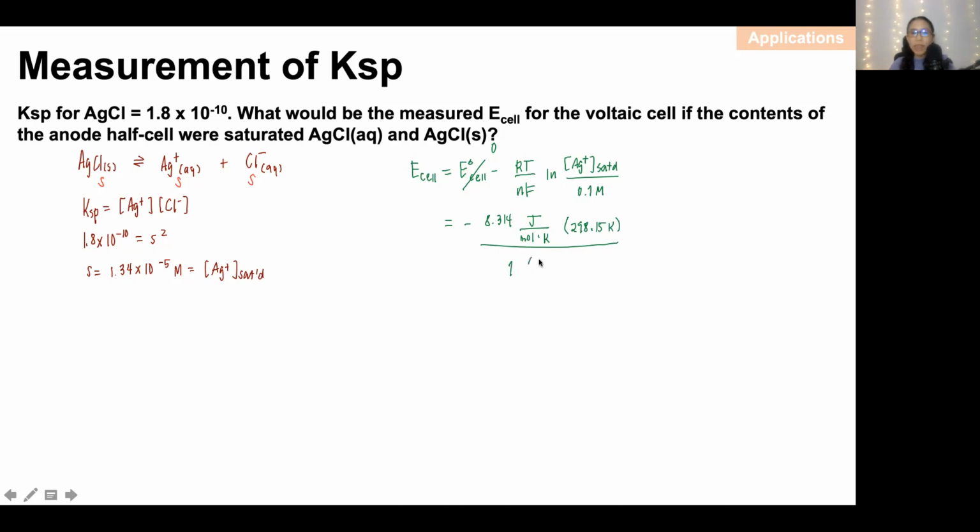It's 1, times 96,485 coulombs per mole times ln of 1.34 times 10 raised to negative 5 molar over 0.1 molar. So the value that we will get is the measured cell potential.